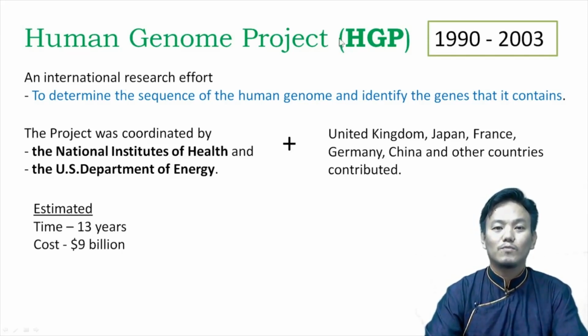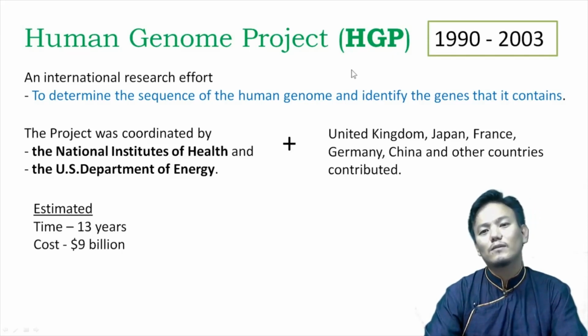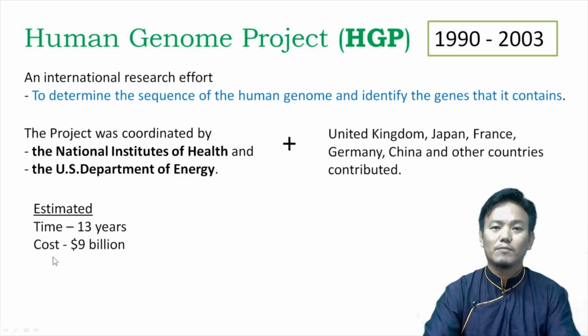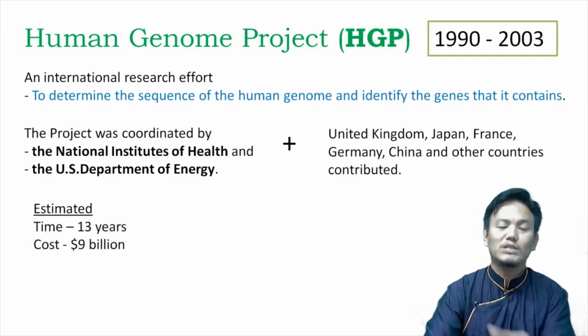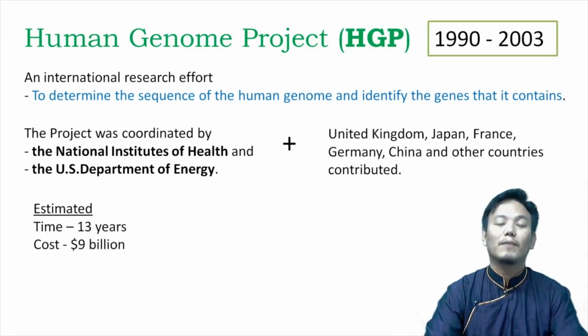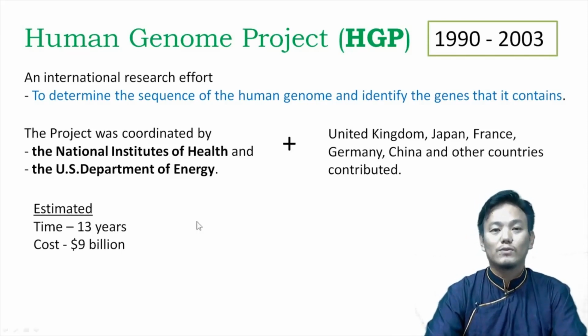They deduced this by assuming that if it costs about $3 to sequence each base pair, then multiplying that $3 by 3 billion DNA base pairs gives about $9 billion. So that is the cost and time estimation of the project.